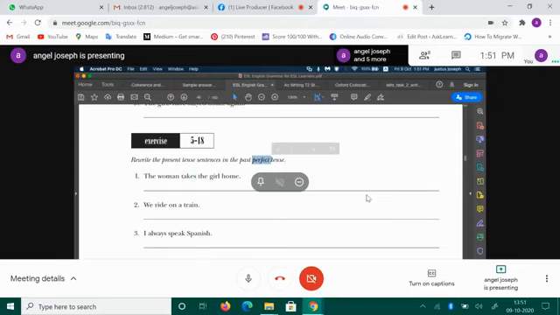We need to make sure that we have this verb in the participle form. So take was changed to taken. And since it is perfect, we also have to add one more word here. That was had. So the woman had taken the girl home. That's all. Let's do the next one.